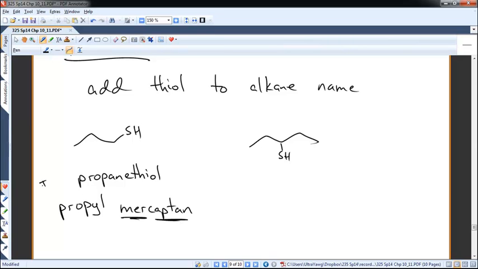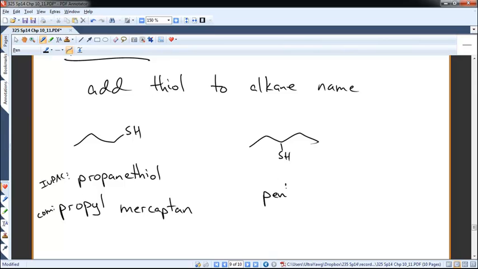So this is the IUPAC name. And this is the common name. I don't really care about the common names, but they are still very common, right? Especially if you talk to older gentlemen in the organic chemistry, or older ladies. They know these mercaptans. Here, right, this would be a pentyl group, so it would be pentane.